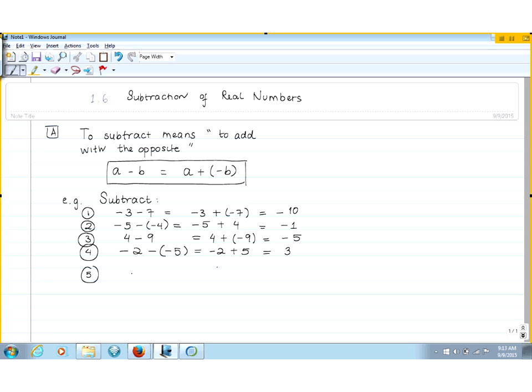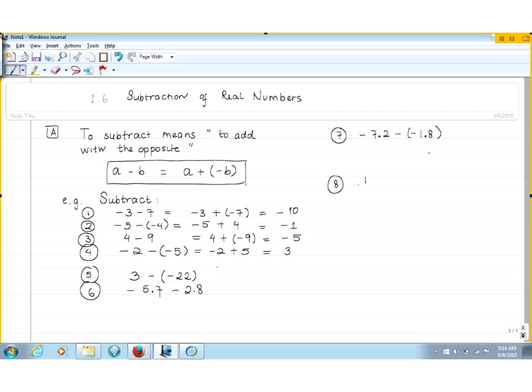Now, you're going to do some easy problems. Number 5: 3 minus negative 22. Number 6: negative 5.7 minus 2.8. Number 7: negative 7.2 minus negative 1.8.